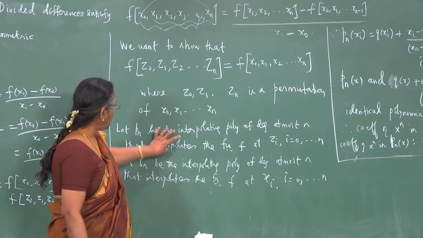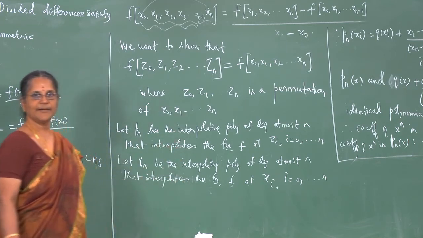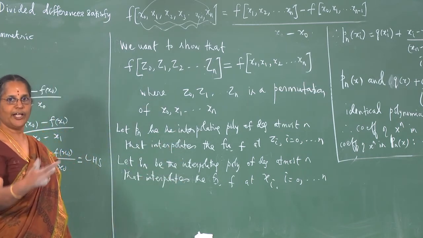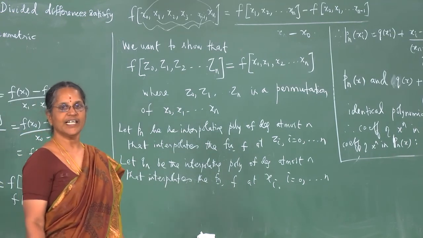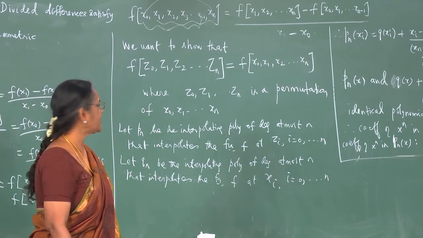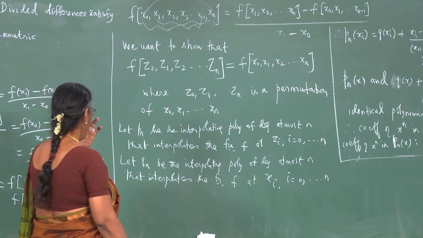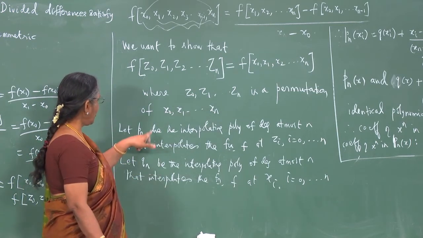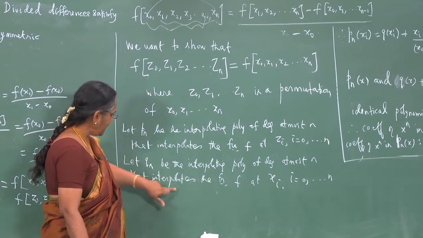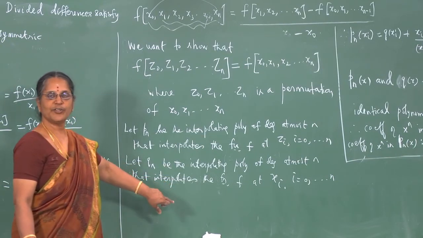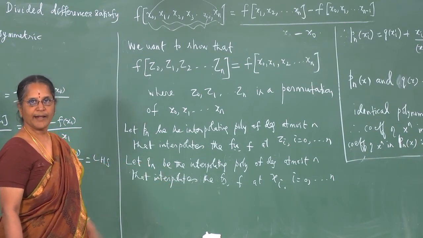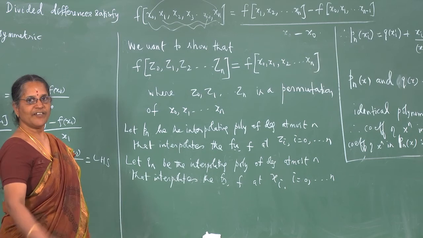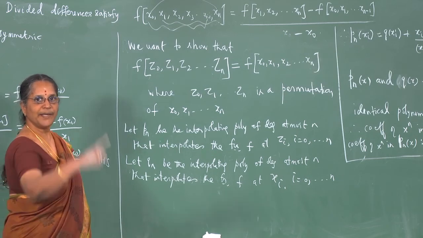So the two polynomials must be identical because there exists a unique polynomial that interpolates the function at a set of discrete points. And therefore, the coefficient of x to the power of n in Pn must be the same as coefficient of x to the power of n in Qn. What is the coefficient of x to the power of n in Pn?